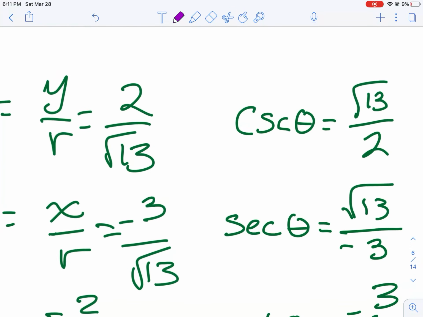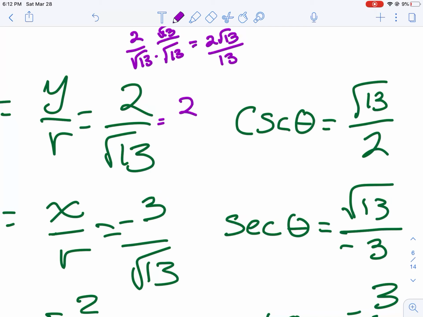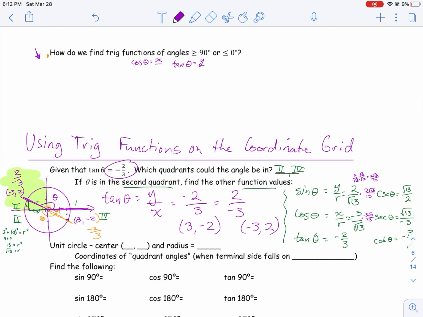And again, if you want to rationalize the denominator, it's probably a good idea. 2 over the square root of 13, we're going to multiply by the square root of 13 over the square root of 13. So that's going to give us 2 square root of 13 over 13. And a similar process here is going to give us negative 3 square root of 13 over 13.